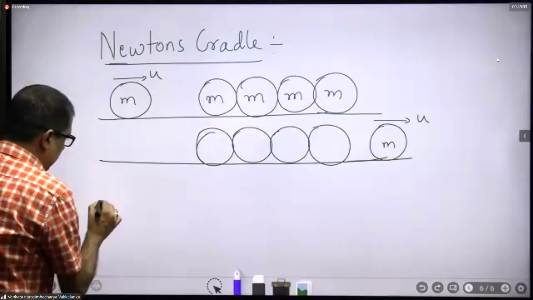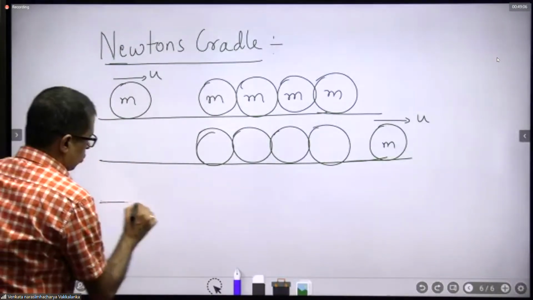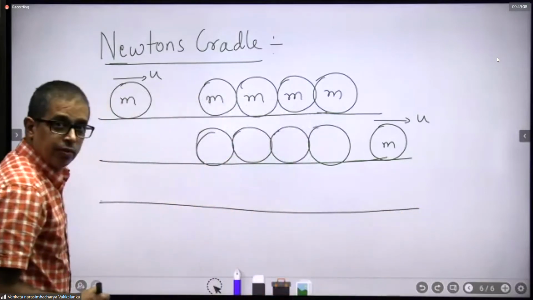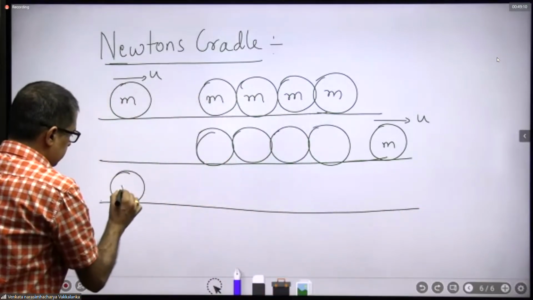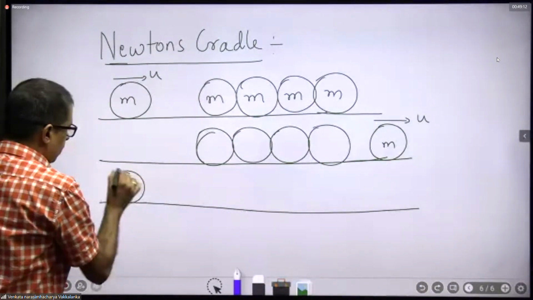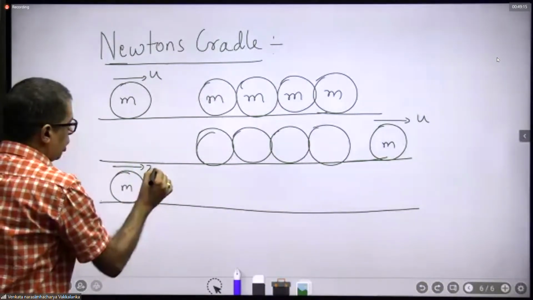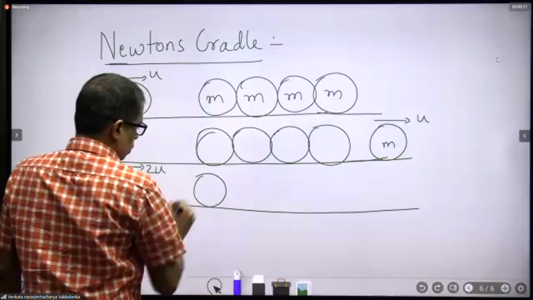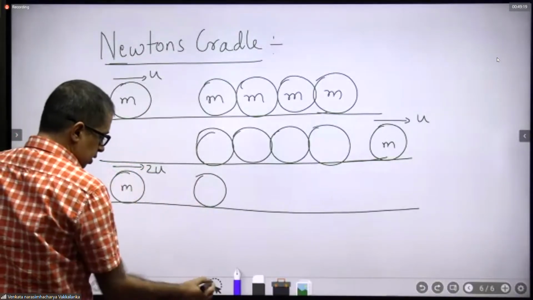Look at the question asked. What if this small m is moving with a velocity 2u?